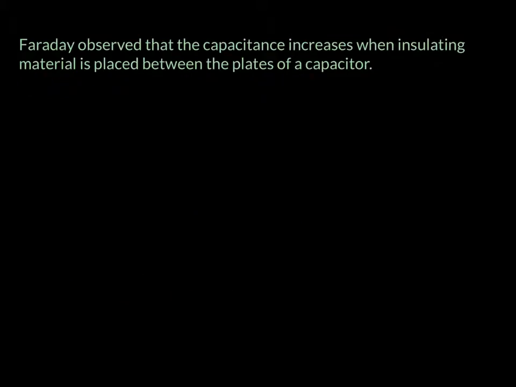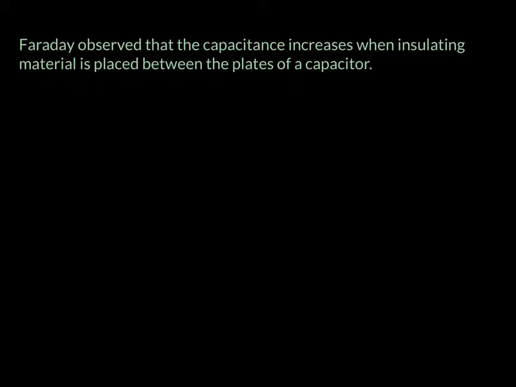So there is this fact that Faraday observed that capacitance increases when an insulator is placed between the plates of a capacitor. Now he was dealing with a spherical capacitor, actually, which is interesting, that it all started with basically two concentric spheres of material that he had embedded one in the other as opposed to parallel plates.